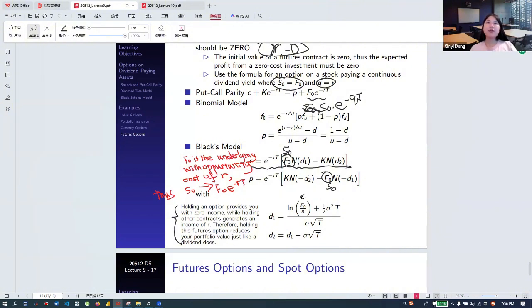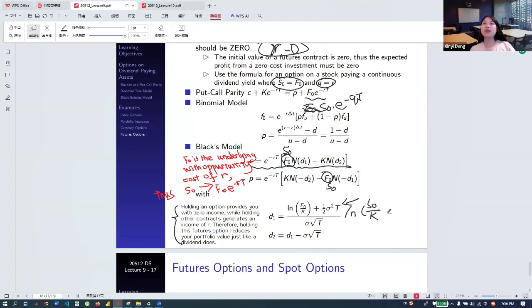Then you can also compare this equation with the general formula for options with underlying having continuous dividend yield. If you compare this with that general version, you'll find that this numerator is nothing more than replacing S0 with F0.